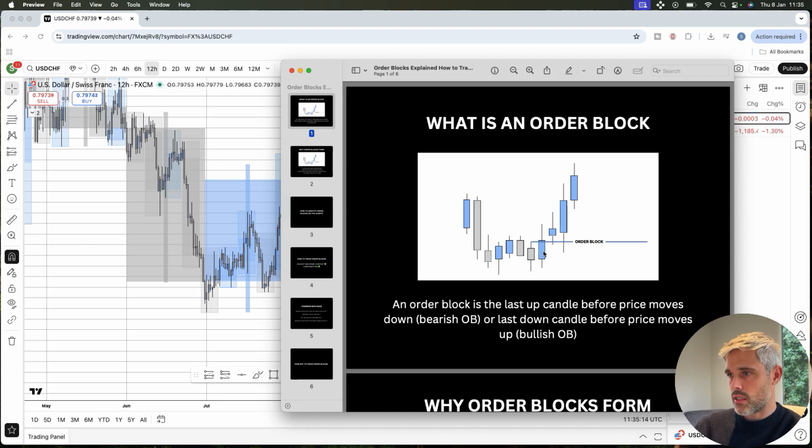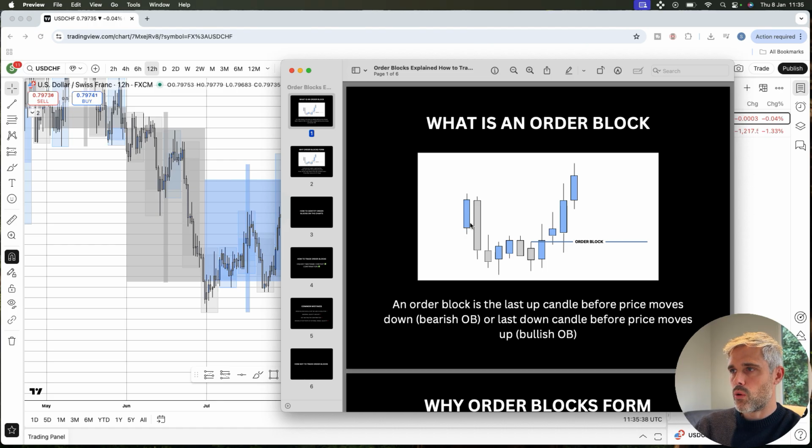Price then retraces into the area that coincides with this last down candle and then expands away. So the order block, in this case a bullish order block, is the last sell candle before bullish price action. In this instance, this is a bearish order block, which is the last buy candle before sell pressure.